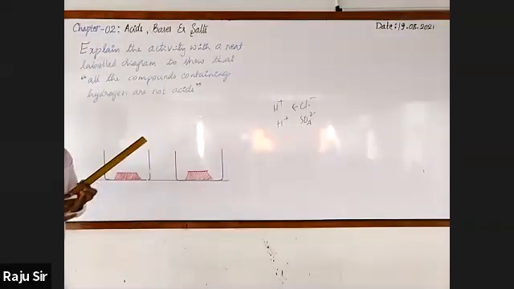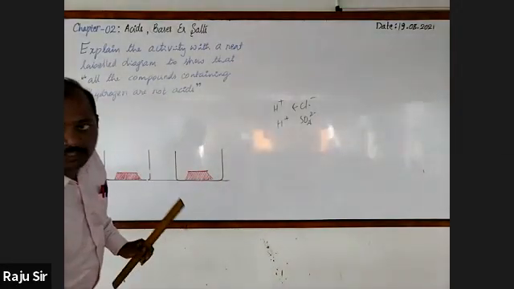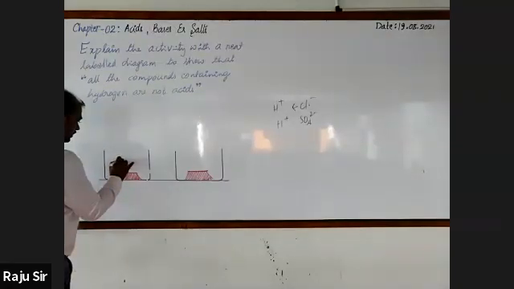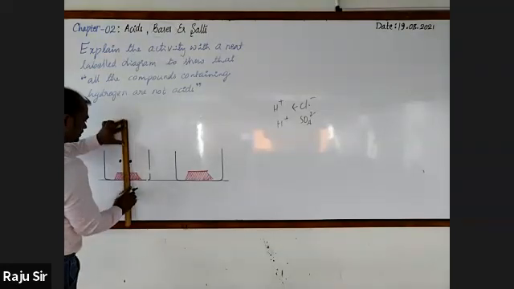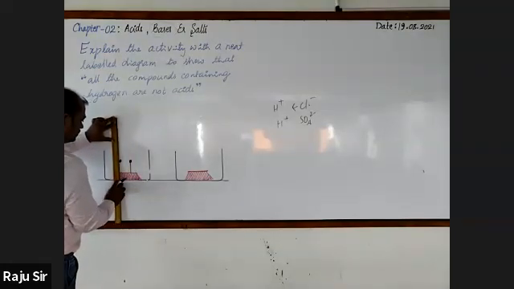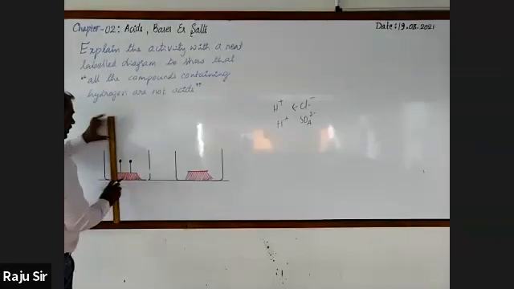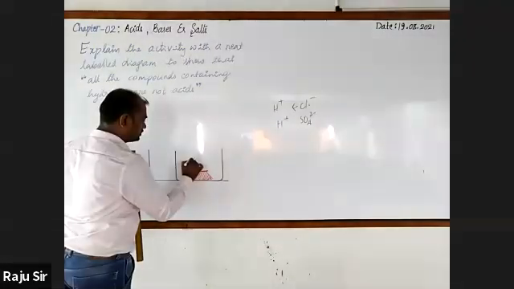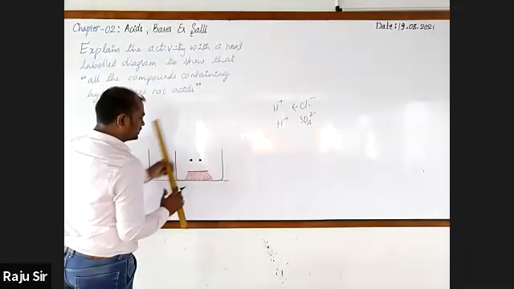Next, we'll go for fixing iron nails. Here, 2 iron nails are to be taken and they are to be fixed to the rubber cork with a distance of just 1 centimeter. And here also, 2 iron nails are to be taken.